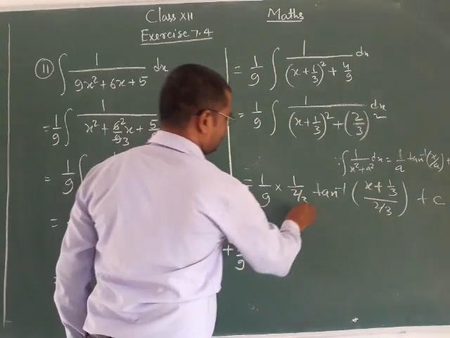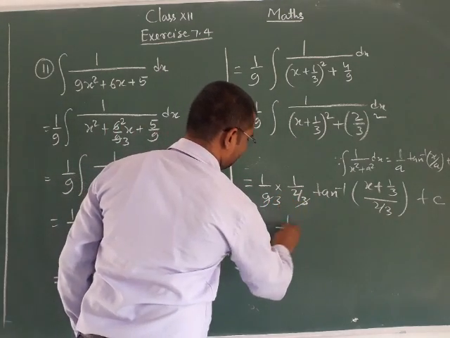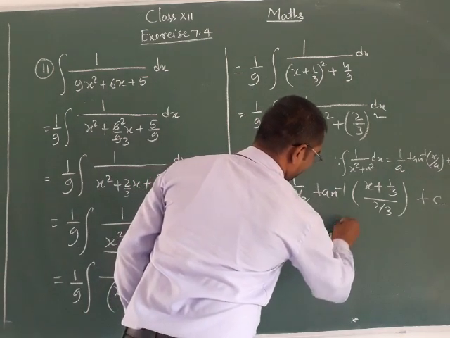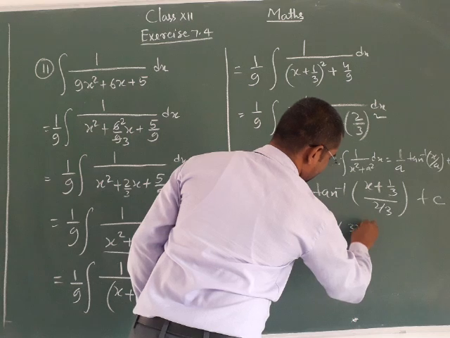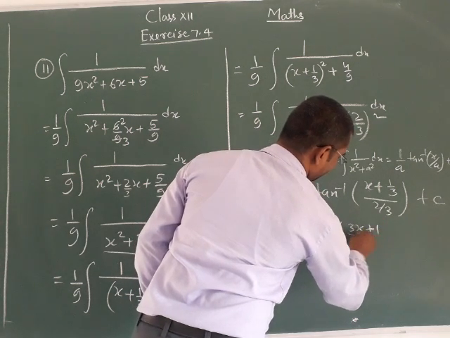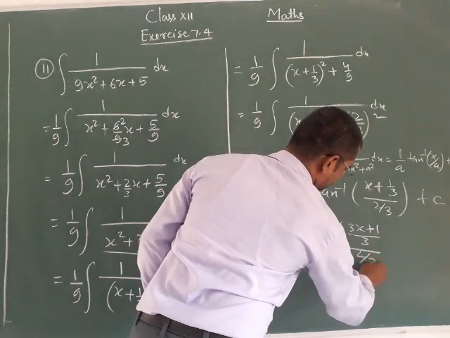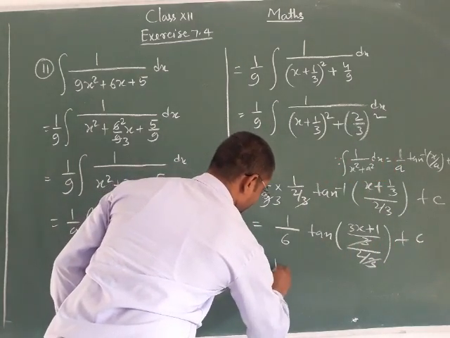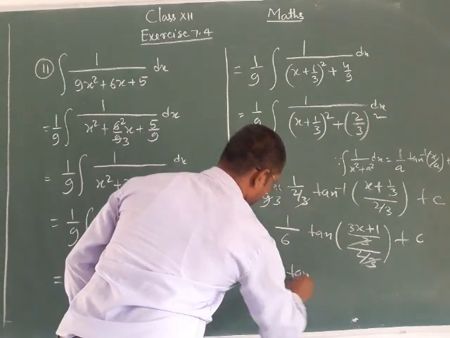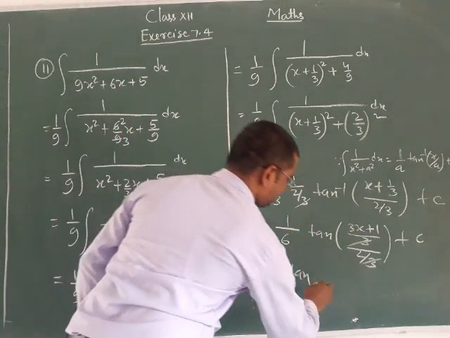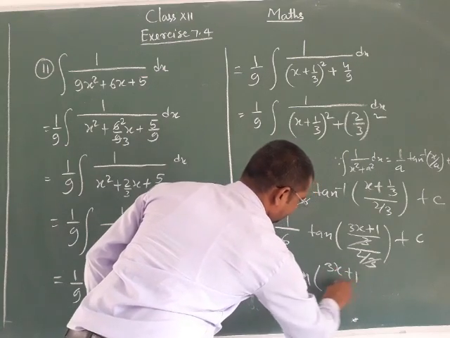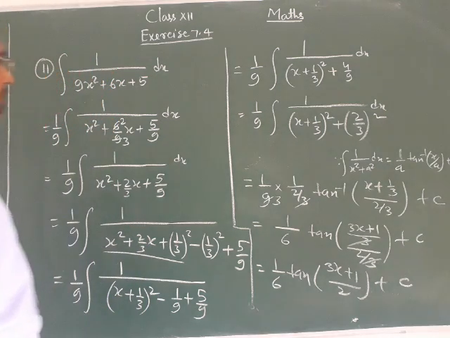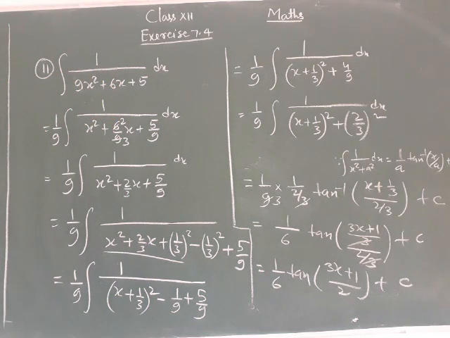So now 1 upon 2 3s is 6 and tan inverse, taking LCM, 3x plus 1 upon 3 upon 2 upon 3. So 3 cancels out, plus c, and also 1 upon 6 tan inverse 3x plus 1 upon 2 plus c. This is the answer of the given question.